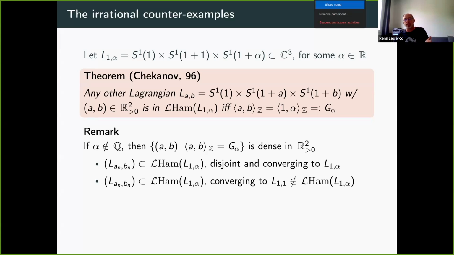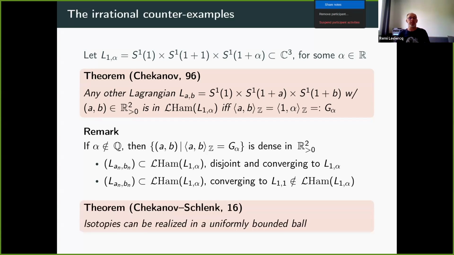And actually, you could do that if you had a theorem saying that all the isotopies you need to go from L_AB to L1 alpha can be realized in a ball of controlled size. And that's exactly the theorem that Chekhanov and Schlenk proved 20 years after Chekhanov's classification: all these isotopies can be realized in a uniformly bounded ball. So you take things small enough, the ball is small enough, you put this in a double ball, and you embed this in any manifold of dimension at least 6. Here, this is the proof.